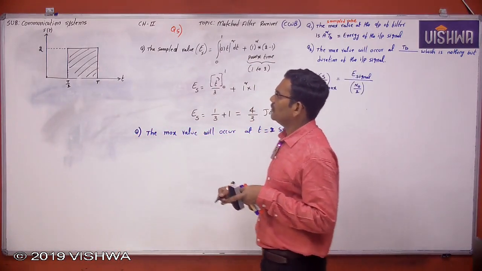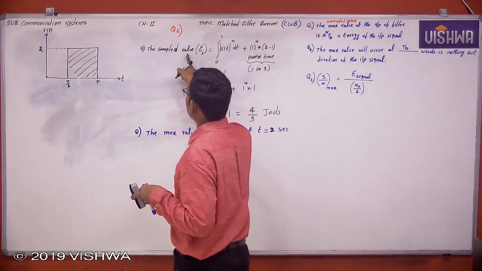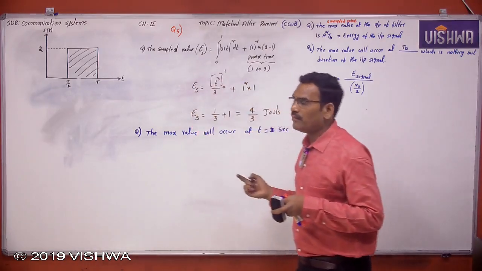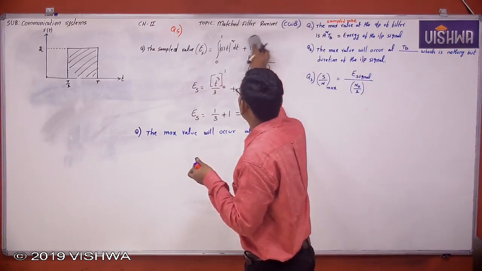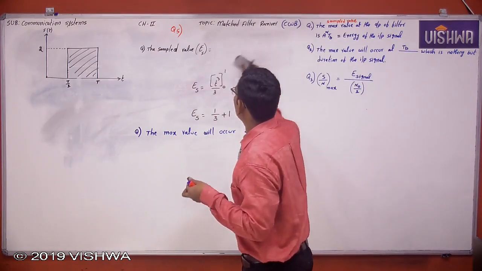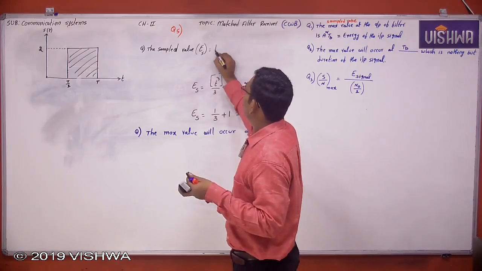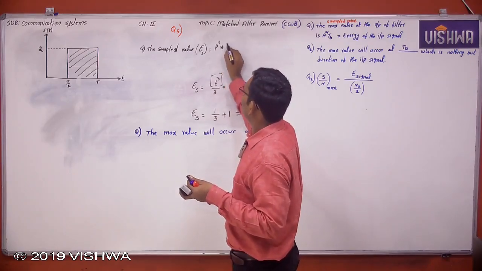Then the same question. Now what is the sample value? The sample value or the maximum value at the output of the filter is nothing but the energy of the input signal. What is the energy of the input signal? Now this is power into time.